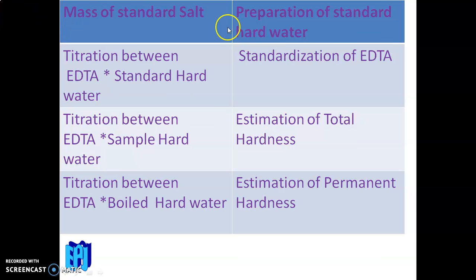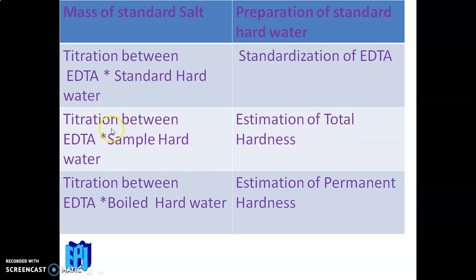If a mass is provided for you, or if information about the standard salt is provided, that information is placed under the step preparation of standard hard water. Then the data obtained from the titration between EDTA versus standard hard water can be used for standardization of EDTA.